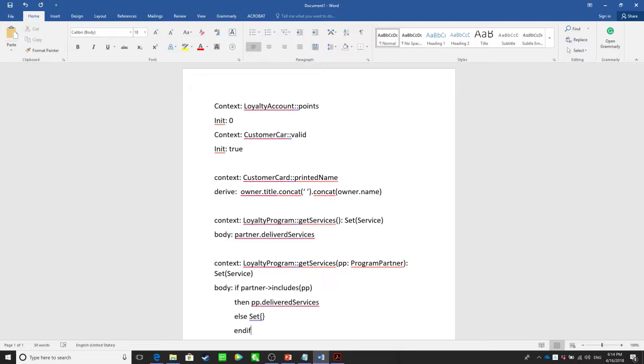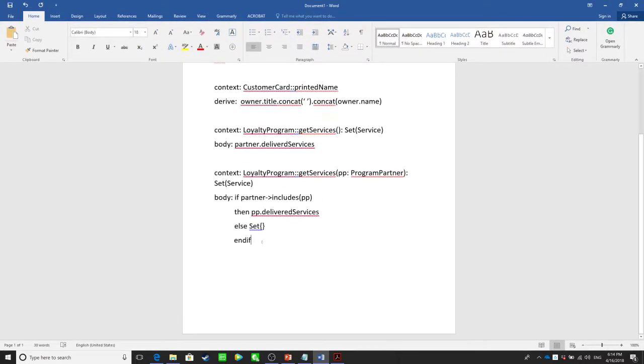Okay, so we've mentioned this logic. We can use if, then, else, and endif. This is something easy to understand. So this basically specifies, if we are getting a service provided by PP, which is a program partner, maybe let's say it's Delta.